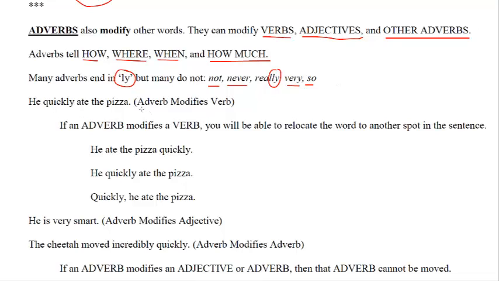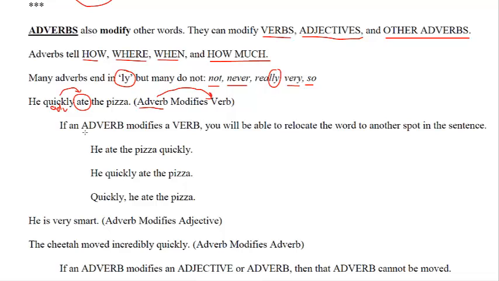Let's look at an adverb that modifies a verb. In this sentence, he quickly ate the pizza. Ate is your verb. Quickly is telling you how that pizza was eaten. All right? It is an adverb because adverbs tell you how a verb was completed.